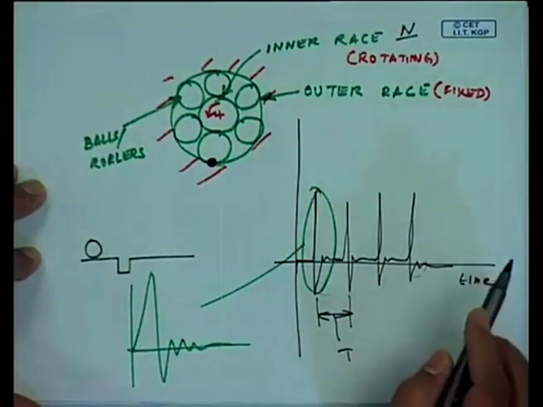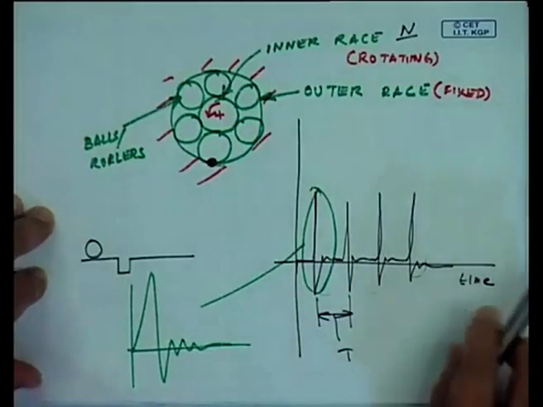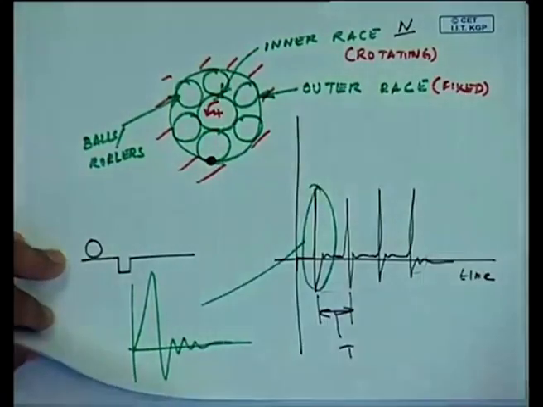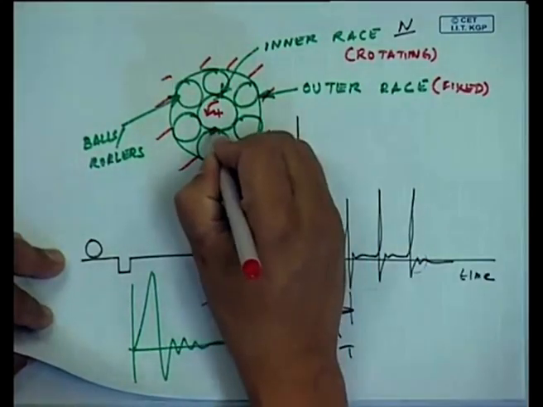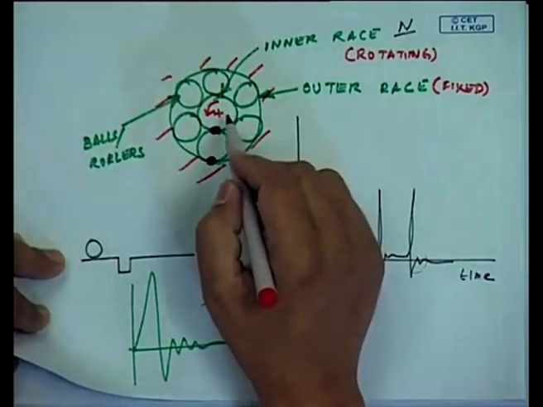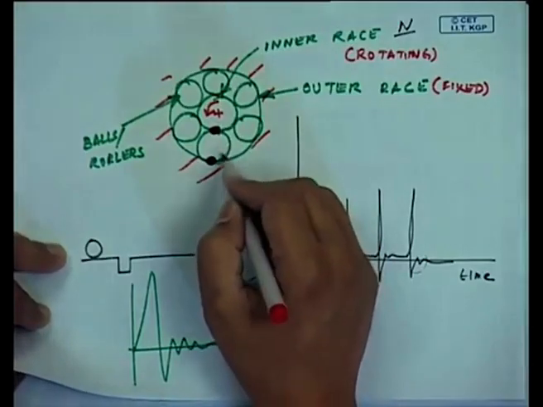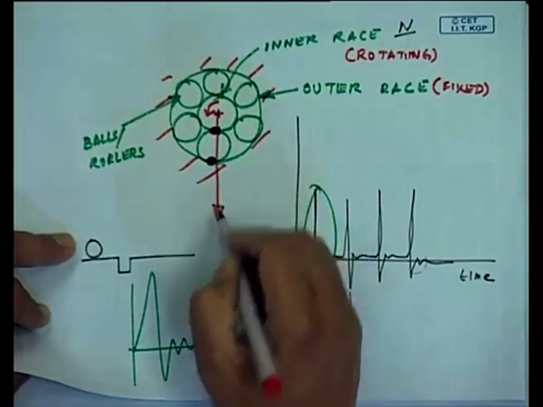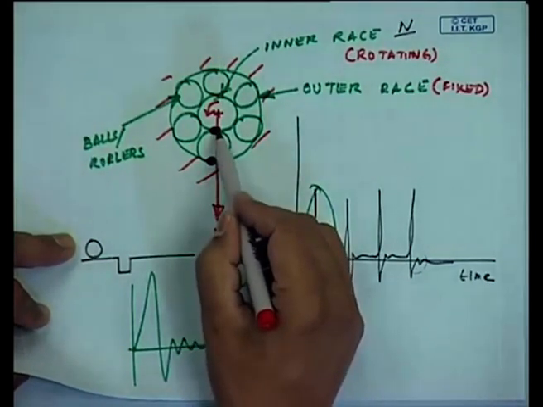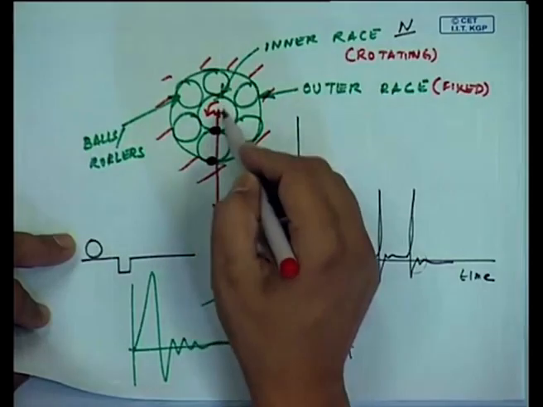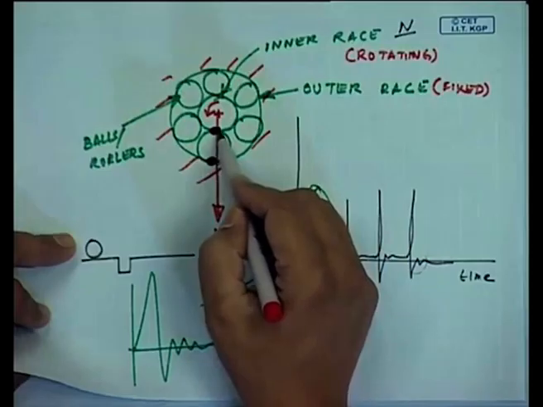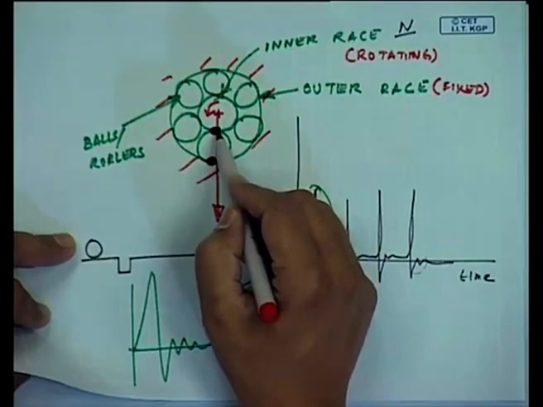On the other hand, suppose the defect was there in the inner race. Let me put it here. Because the shaft carries a load, and the load is always acting downward, some load W, each time the defect comes under the load axis, there is a great amount of force on this defect in the inner race.